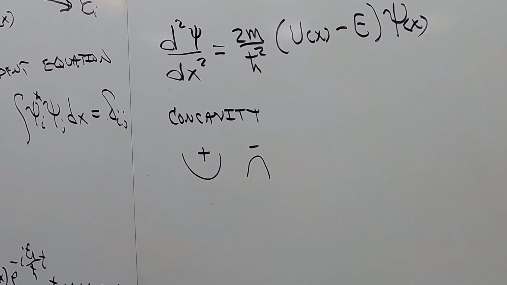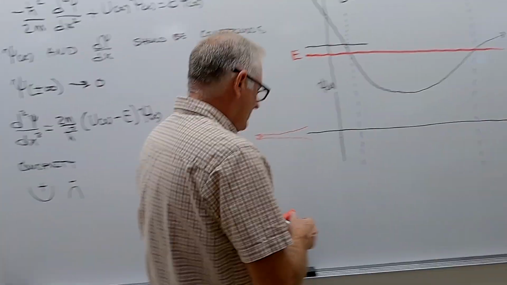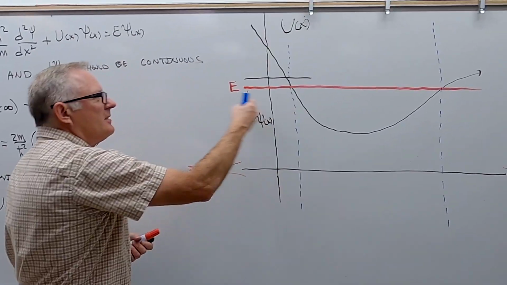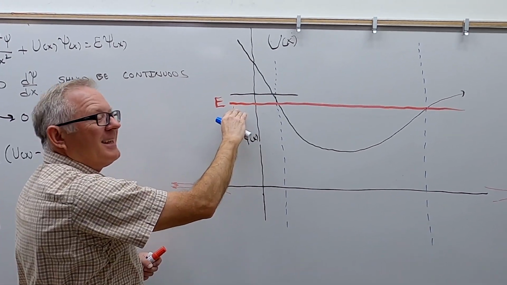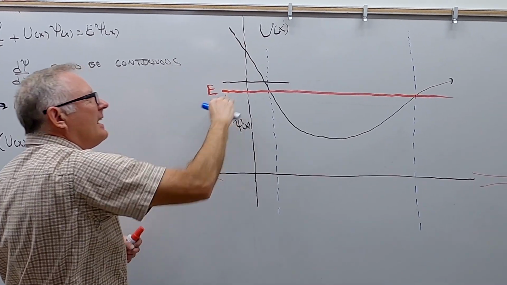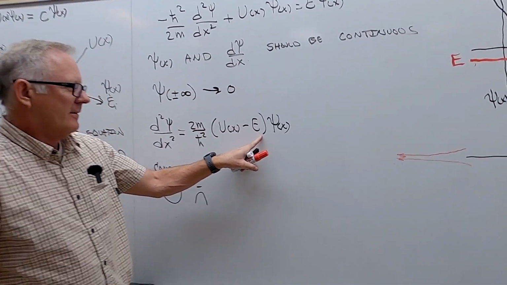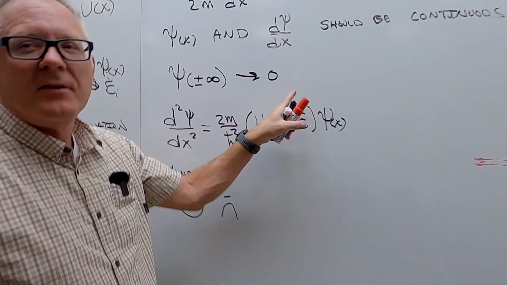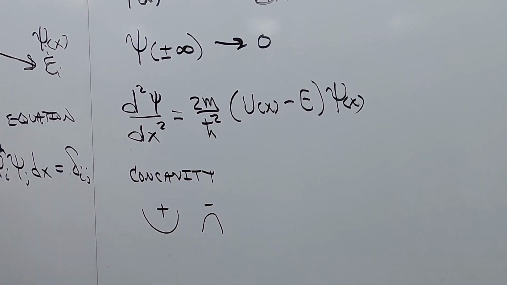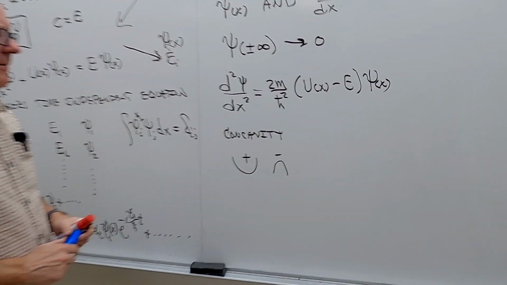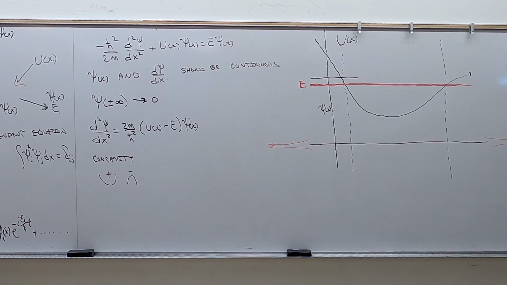Well, you'll notice over here, in this region, from here over, the U is bigger than the E. U is way up there, E is down here. If U is bigger than E, I just wanted to make sure I got that right.